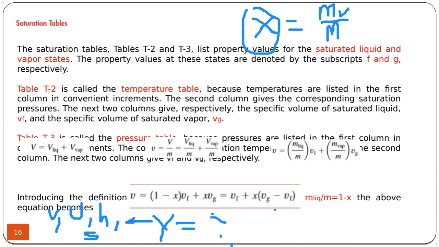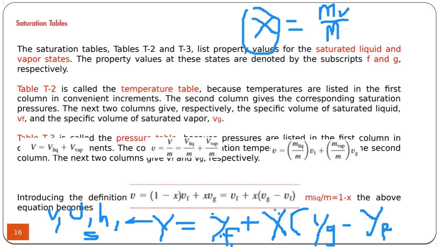Y of the fluid plus the quality of the steam, times the difference between the Y of the gas minus Y of the fluid. So this gives you the property of the mixture in the mixture zone.